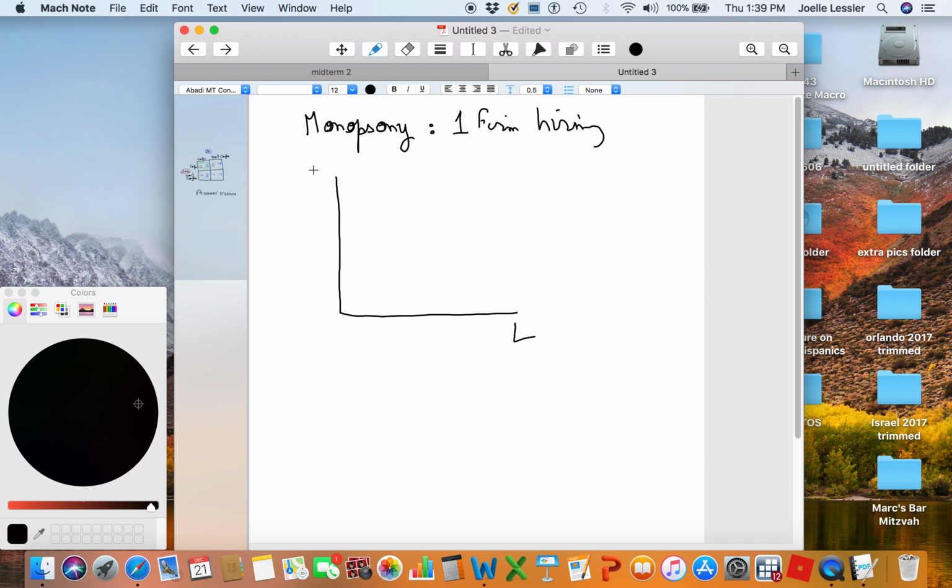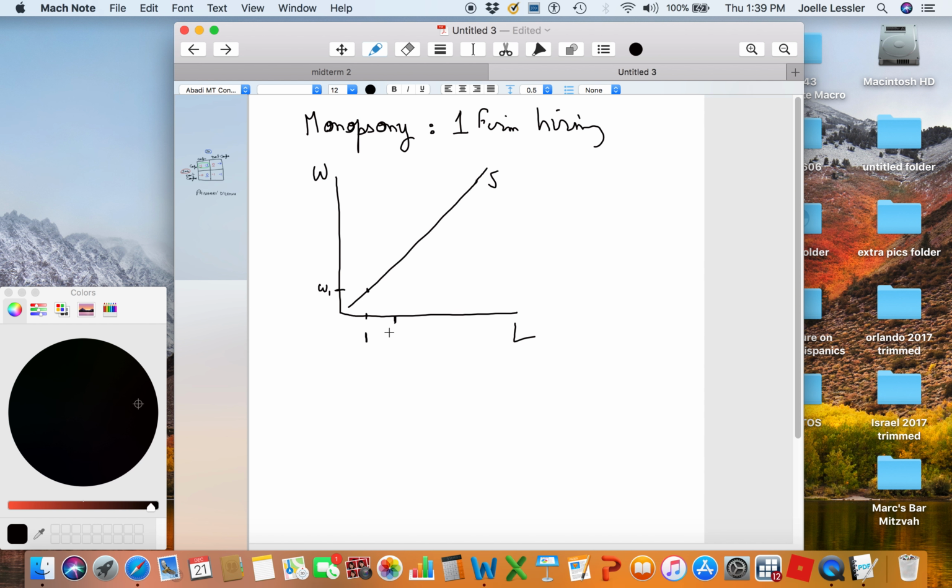So what the monopsonist does is look at the supply of labor. That's what it has to work with. And the monopsonist, let's say the hospital hiring workers, recognizes that if it wants to hire one worker, it has to pay this wage, okay?